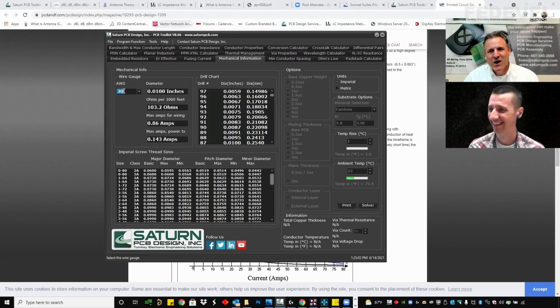Here's an American wire gauge standard of 30. Here's a 30 AWG circular wire, and the diameter is roughly 10 mils. Its resistance is 103 ohms per 1,000 feet. Its max amp for wiring, that's something you'd have to look up.